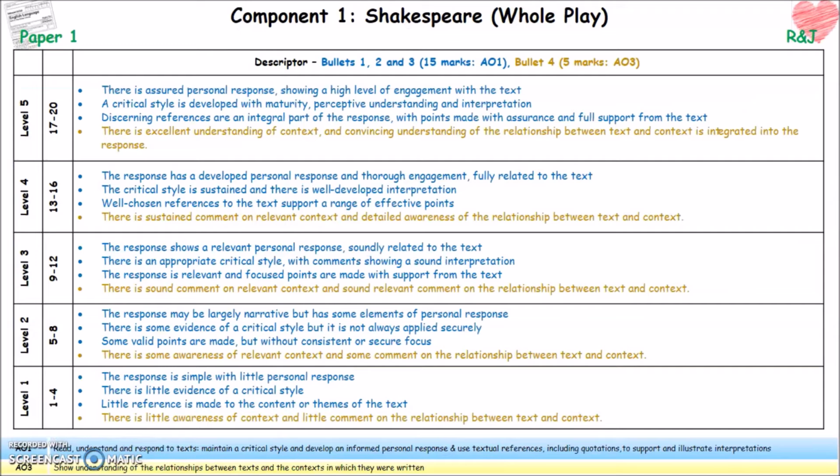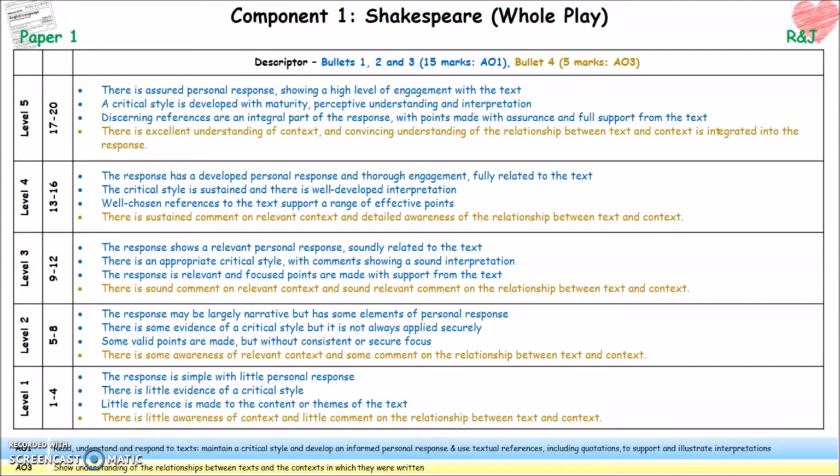Here is your mark scheme. So you've got the blue points are all about your reading and understanding. So you just need to show that you understand what you've read. Your critical style, so develop an argument or point of view. And your perceptive understanding here is how you pull apart your quotations. I would advise you pull them apart with subject terminology for top marks.